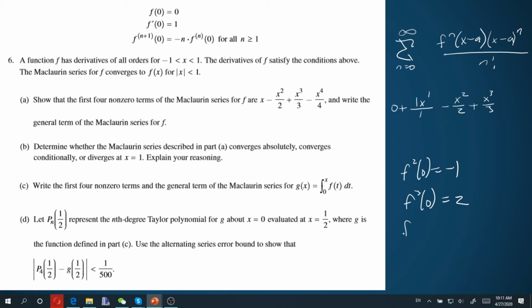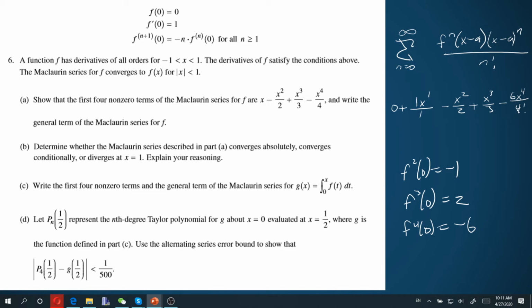And the last one? So 3, -6. So -6 over 12. Right. No. Yeah, -6 over 4 factorial. Okay, so that's 6 over... Oh, you're right, not 12.